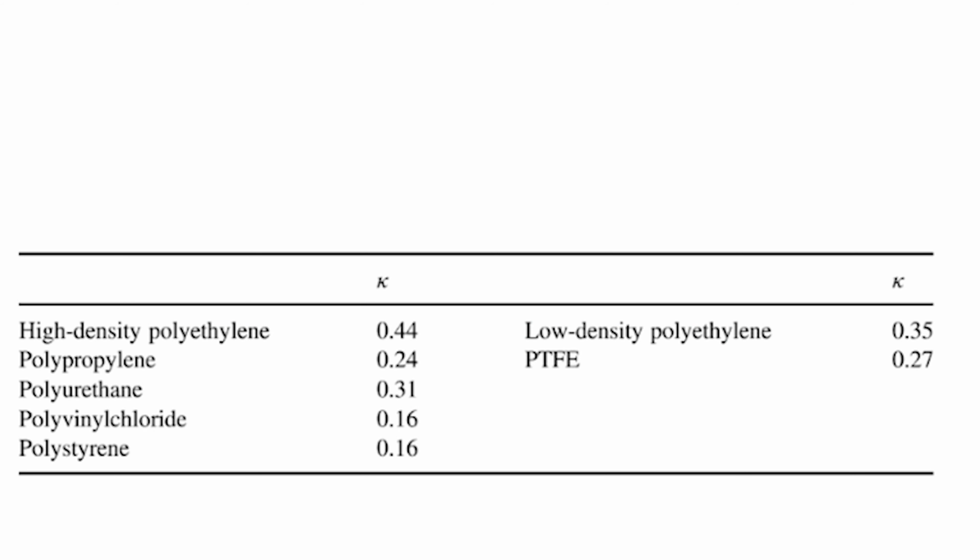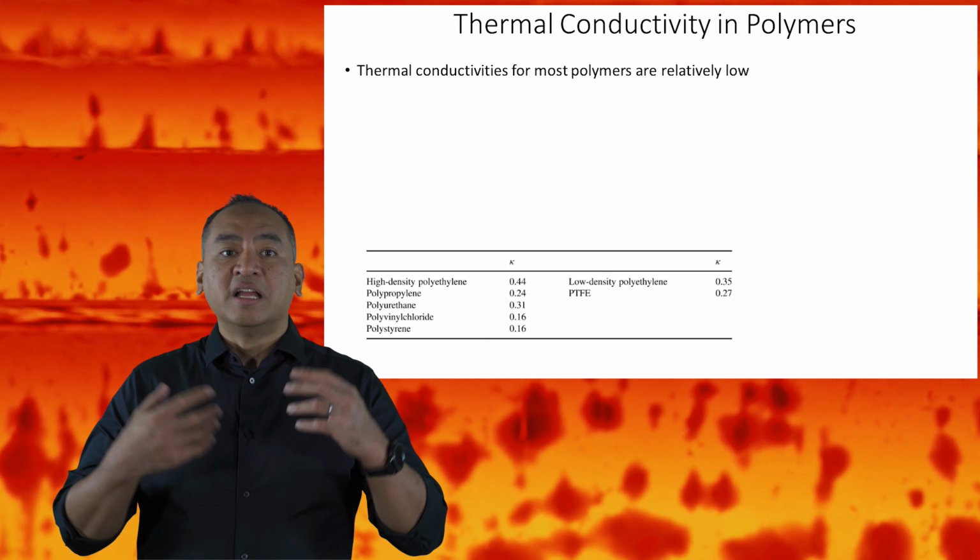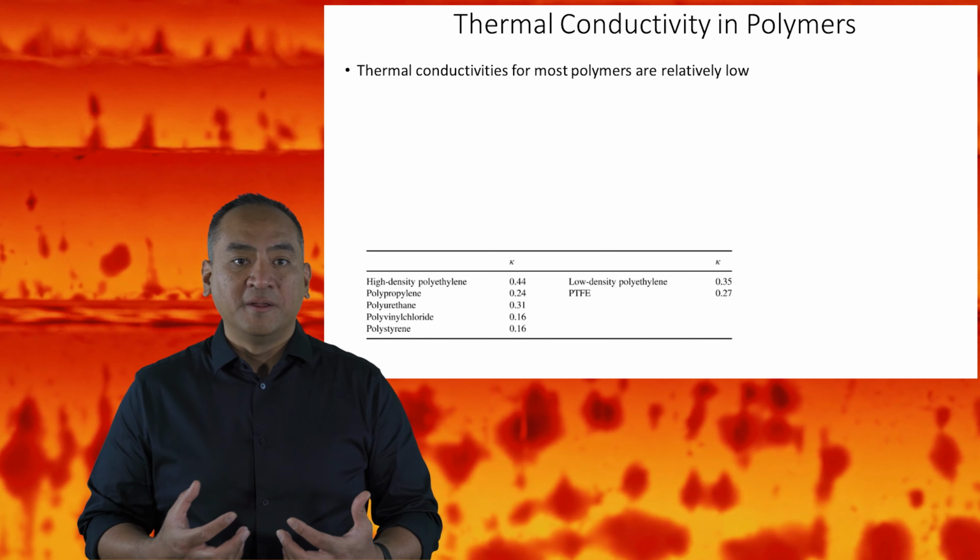When I say low thermal conductivities, I mean really low. Take a look at the thermal conductivities for some widely used polymers on this slide. All of these values are below 0.5. Compare these values to the thermal conductivity of 3.8 for the ceramic mug and 38 for the tin mug.